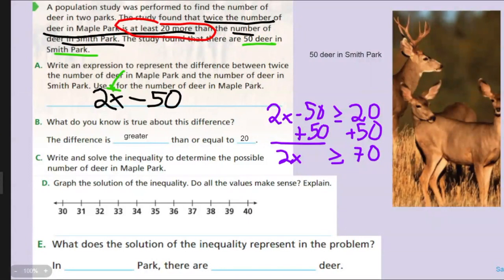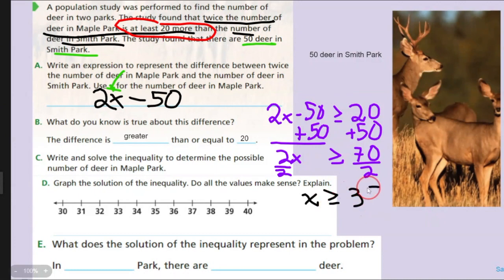So now the second step is to divide each side by 2, right, to isolate the x. So I divide the left side by 2 and I divide the right side by 2. So then we have a solution to this inequality, which gives us x is greater than or equal to 35.